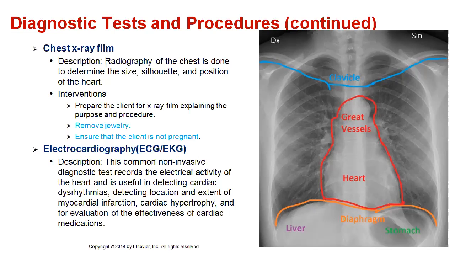Another most important test we do for cardiac patient is called EKG, right? Or shortly, it is called ECG. EKG means electrocardiogram. Electrocardiography is a process, and the record is the electrocardiogram.